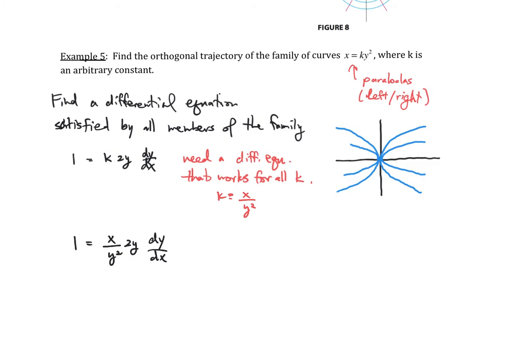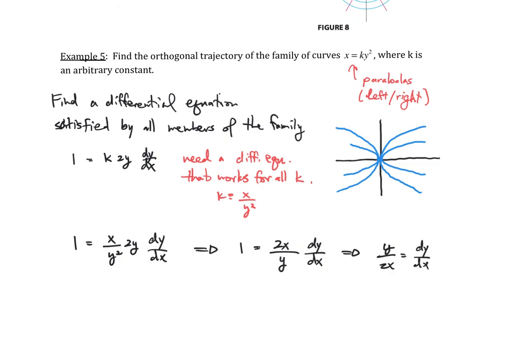We can write this as 1 is equal to 2x in the numerator, and in the denominator a single y, times dy dx. This in turn gives us the equation y divided by 2x is equal to dy dx.